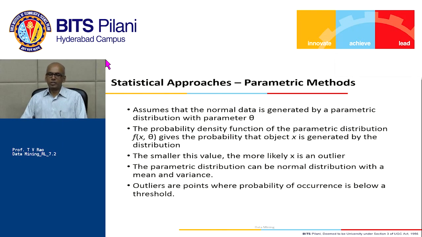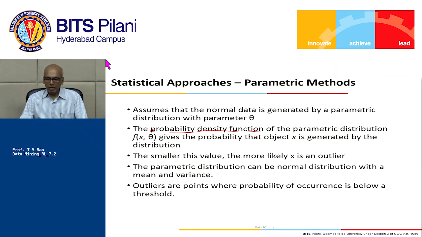When we are using parametric approaches for finding an outlier, generally we use a probability density function. The probability density function is going to tell us the range or the value where we are going to find most of the data objects.